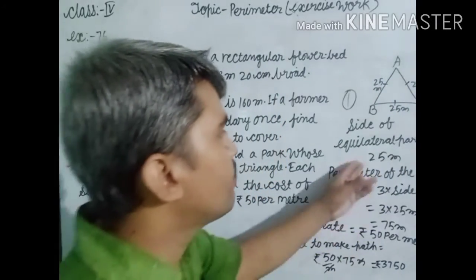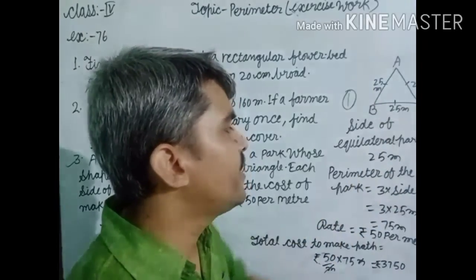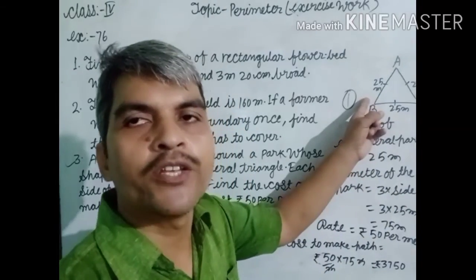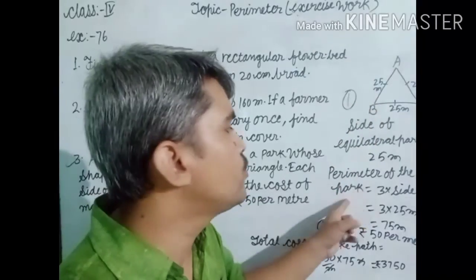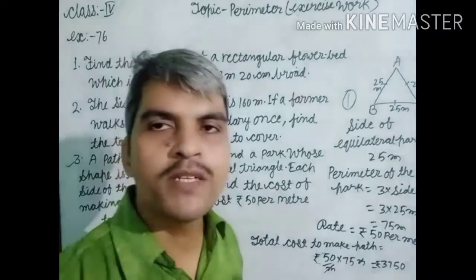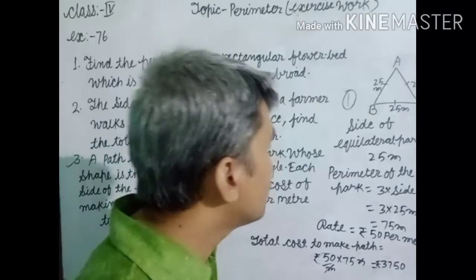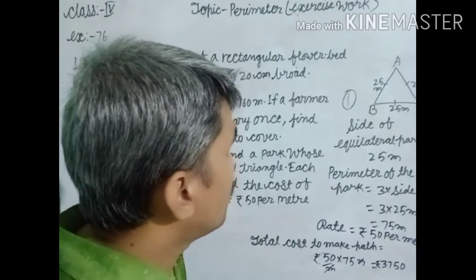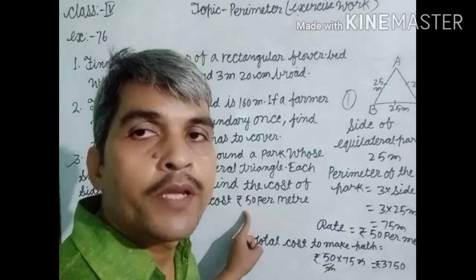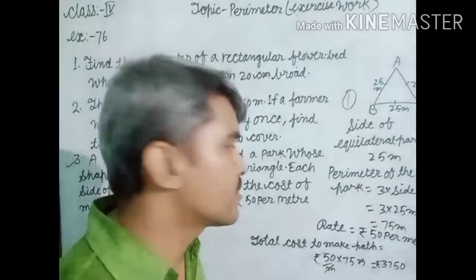Side of the equilateral path is 25 meters, given data, and perimeter of the path is 3 into side, because all sides are equal. This is an equilateral triangle, so we use the formula 3 into side. Now we find 75 meters is the perimeter of the path, and per meter 50 rupees is invested to make the path.